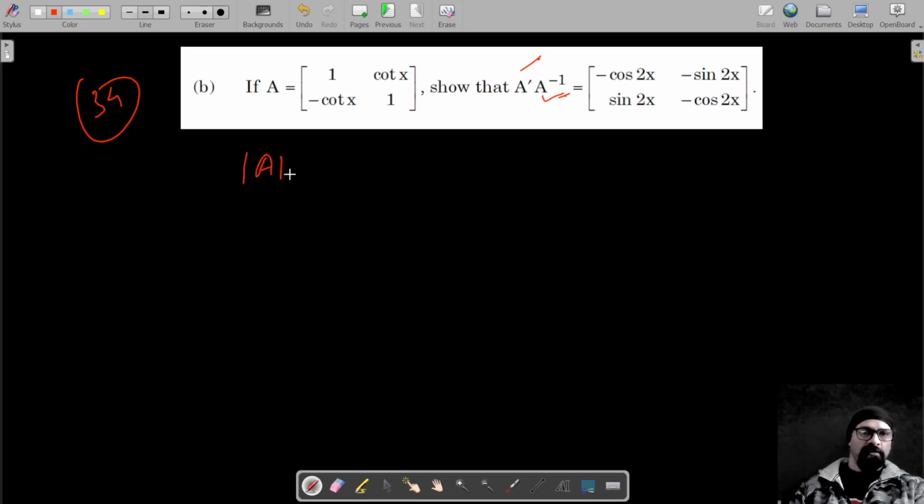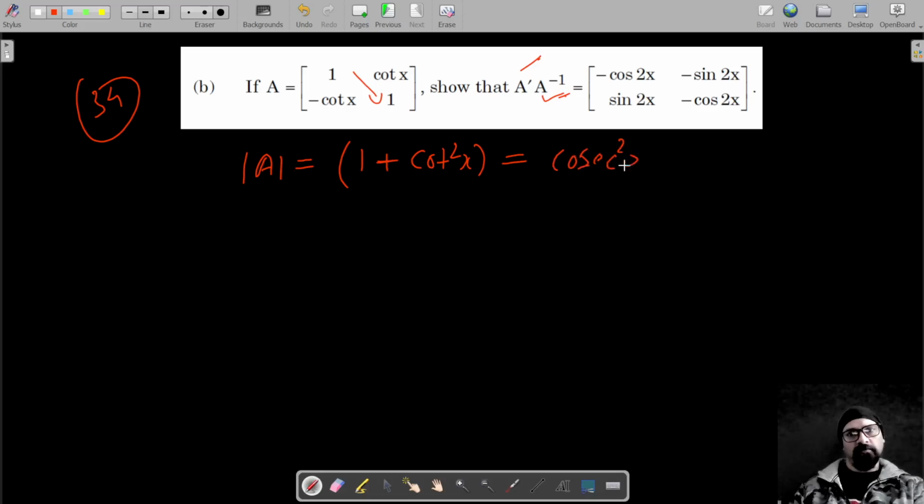To find the determinant of A, this is a square matrix of order 2. So this is 1 into 1 minus of cot x into cot x. So this is 1 plus cot square x. So determinant of A is equal to 1 plus cot square x, and we know that this is equal to cosecant square x.